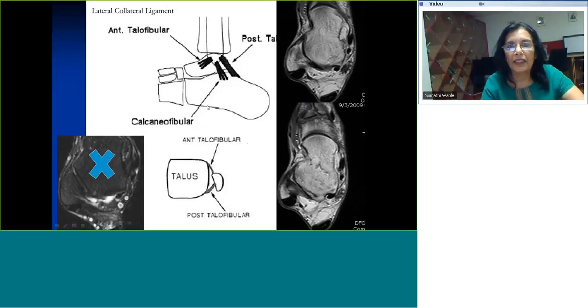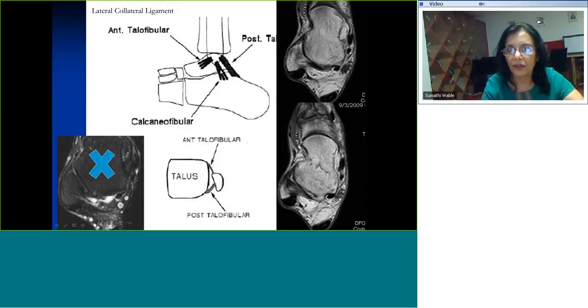The lateral collateral ligament complex is comprised of 3 separate ligaments: anterior talofibular, calcaneofibular, and posterior talofibular. Anterior and posterior talofibular ligaments, as depicted on this axial MRI image, are more transversely oriented, as you can see, so therefore they're best seen on the axial images.